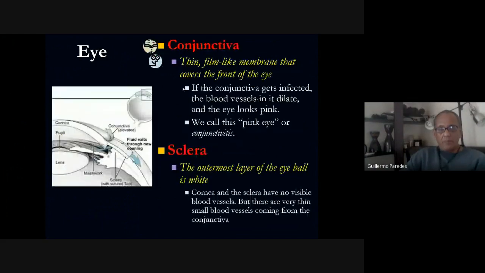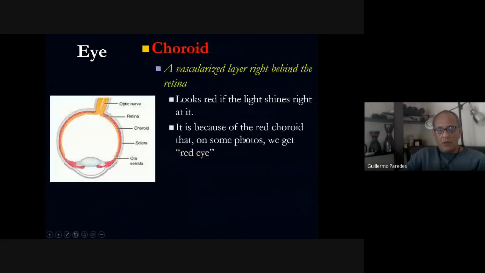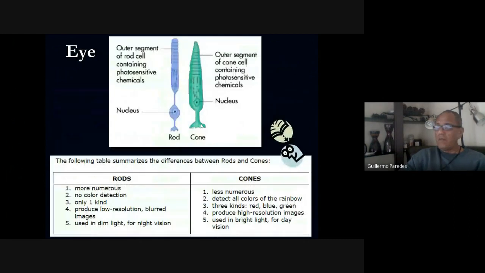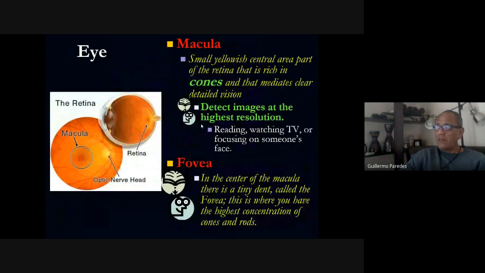All right. So that's why on photos, pictures, we get red eye. So we already explained that. Conjunctiva is the membrane that is covering the eye anteriorly. So it reflects back, so dust and all that cannot go behind your eye or to the brain, right? Sclera, the outermost layer of the eye, is the white part, maintaining the shape of the eye.